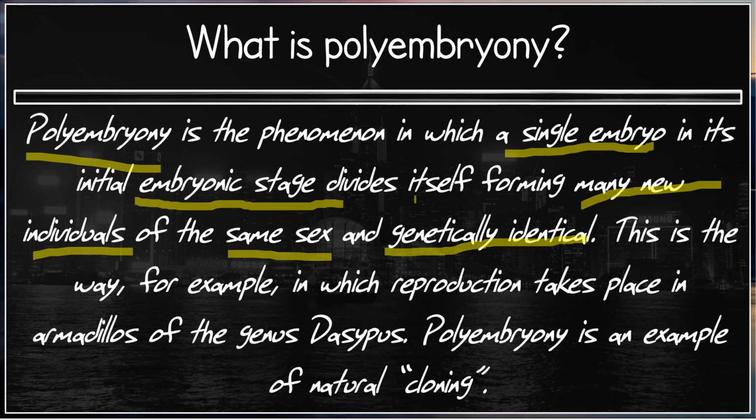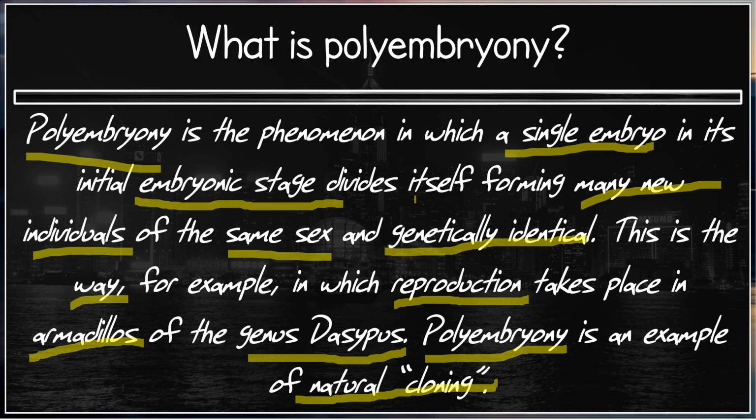This is the way, for example, in which reproduction takes place in armadillos of the genus Dasypus. Polyembryony is an example of natural cloning.